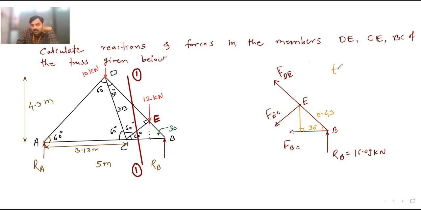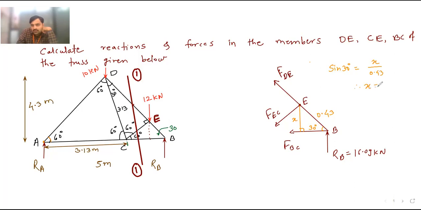So if I write opposite side upon hypotenuse, which formula are we going to use? Sine. So sine 30 is equal to, let us say this opposite side is x, so x divided by 0.43.